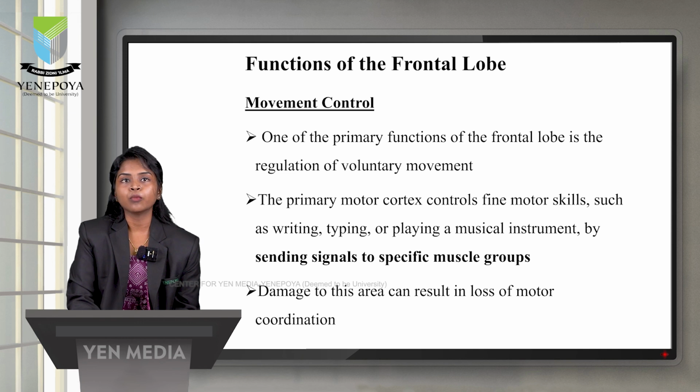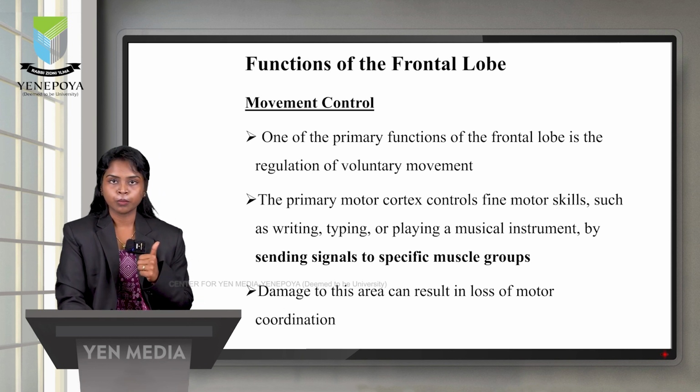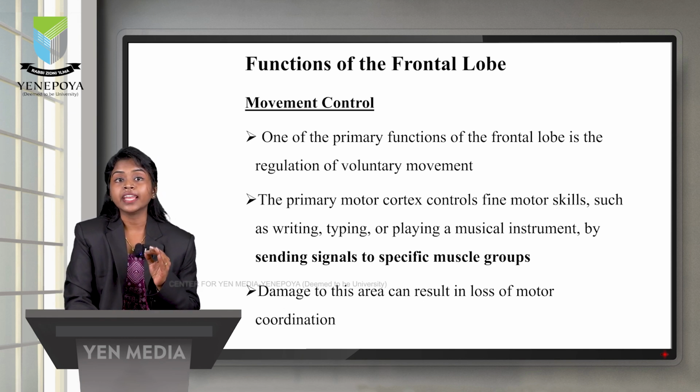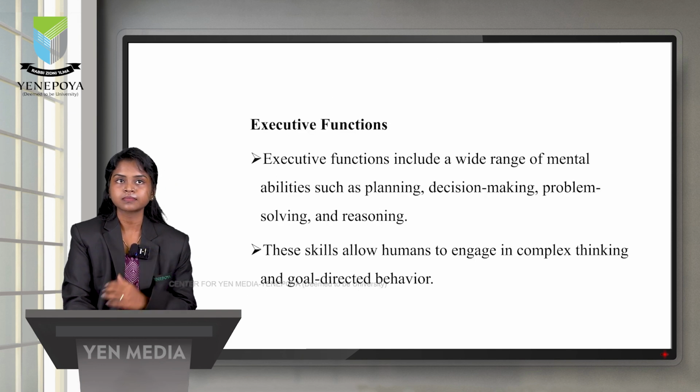The primary motor cortex controls fine motor skills such as writing, typing and playing a musical instrument, by sending signals to specific muscle groups present all over the body. In case of any damage to this area of the frontal lobe, it may result in loss of movement, and motor coordination will be affected in that person.